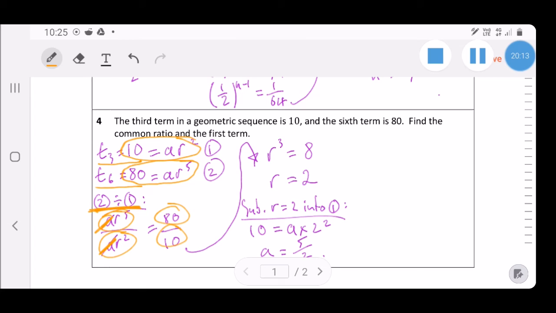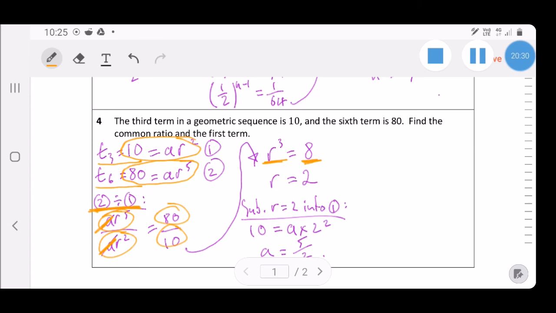Now R^5 over R^2, that's our second index law. That becomes R to the power of 5 minus 2, which is R cubed. And 80 divided by 10 is 8. So R cubed equals 8, so R equals 2.